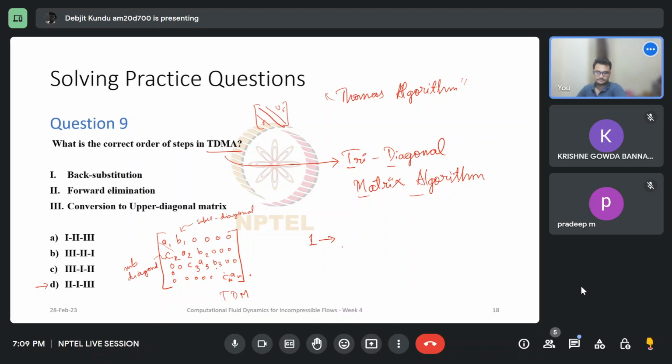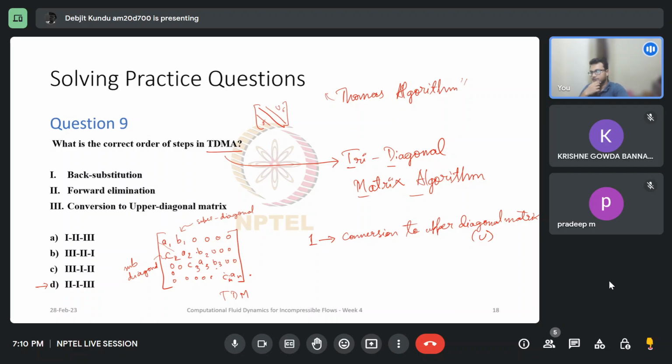Any guesses? So the first one is to convert this to an upper diagonal matrix, also sometimes written as U. So what is done is all these C's, the values of all the C1, C2, C3, C4, Cn, are eliminated.